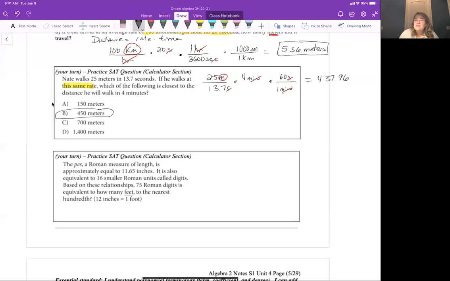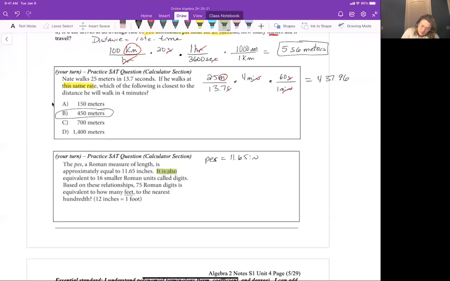Sometimes they'll give you units that you've never seen before. The pes, a Roman measure of length, is approximately equal to 11.65 inches. I personally would say 1 pes equals 11.65 inches. It is also equivalent to 16 smaller Roman units called digits.